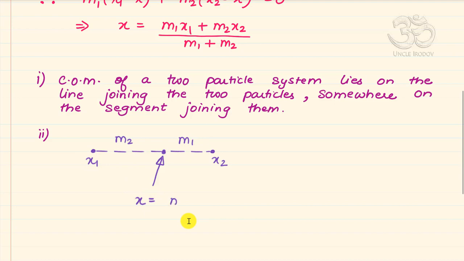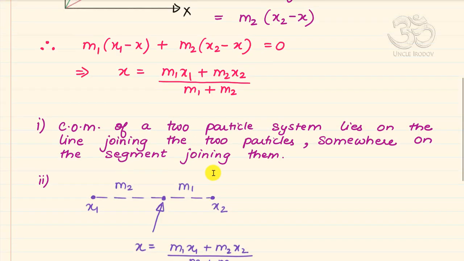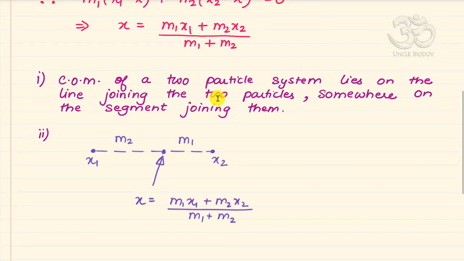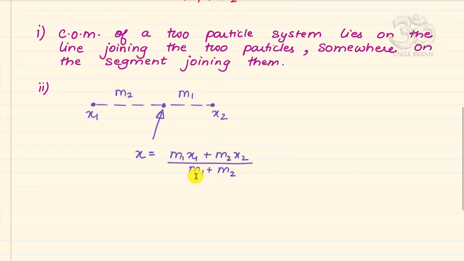So you will have m1 x1 plus m2 x2 divided by m1 plus m2, which is the same answer as what we have got here. So that shows you that the center of mass divides the line joining the two particles in the inverse ratio of these masses.